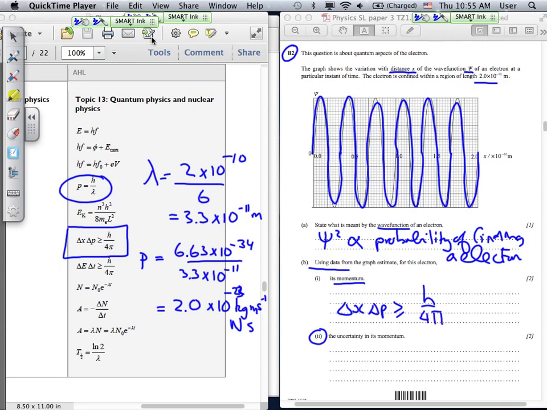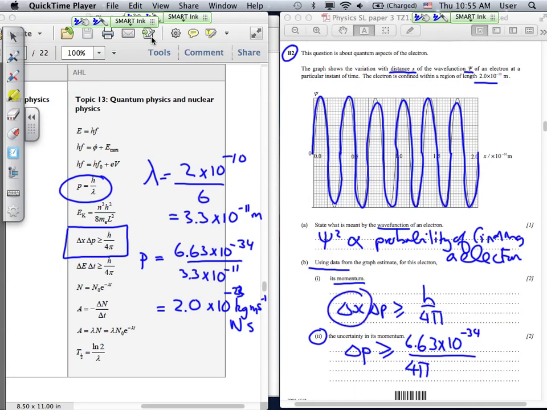So our uncertainty in our momentum is going to be greater than or equal to 6.63 times 10 to the negative 34 divided by 4 pi times our change in x, or our uncertainty in x.